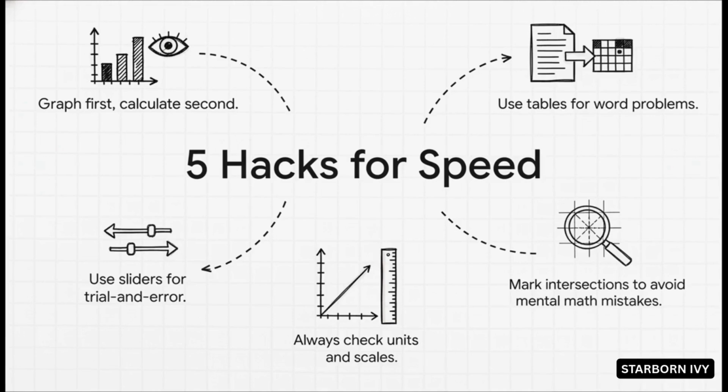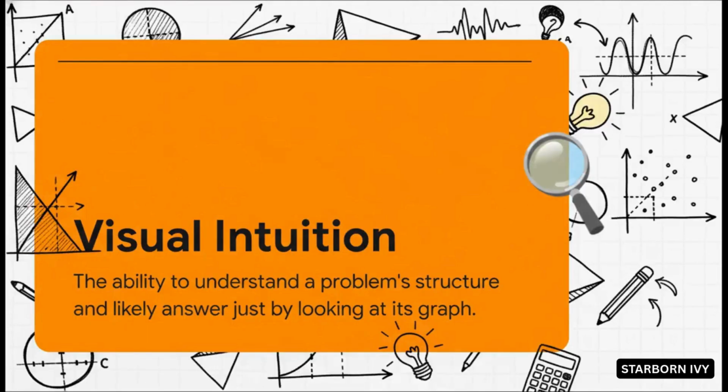Throw it in a table and literally watch how a company's profit changes with every sale. Instead of wasting time with algebraic trial and error, just use a slider. And please, let Desmos find those intersections for you so you don't make a simple calculation mistake when you're under pressure. Every one of these hacks saves time and prevents errors.